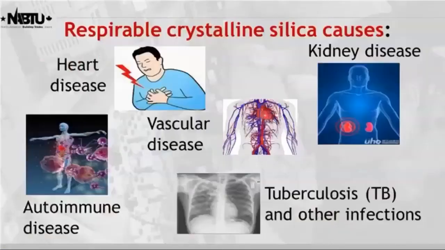Okay. Other crystalline silica causes heart disease. It can cause heart disease, vascular disease, tuberculosis, kidney disease, autoimmune disease. And so there's a number of these diseases that could happen.